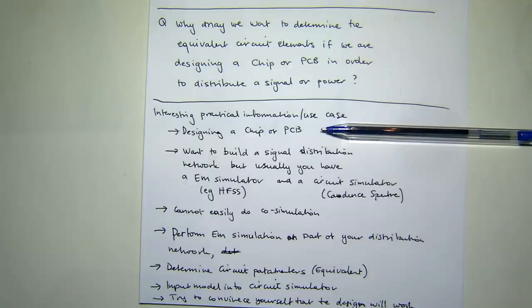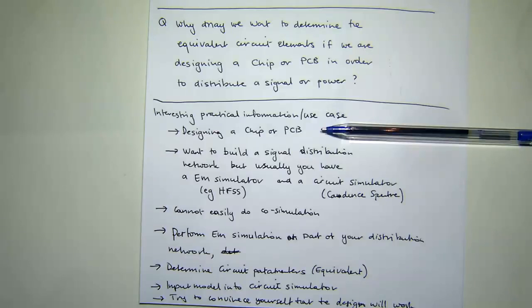So there are pieces of software which allow you to work out what the characteristics of that structure are going to be, like how much power is going to be radiated, what its input impedance is, what its scattering parameters are going to be, and so on.